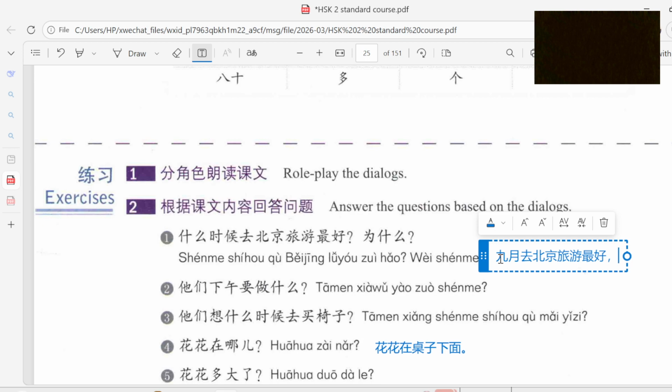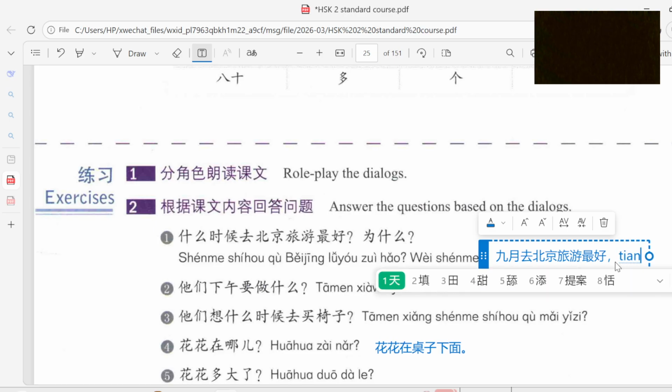It has another question. 为什么, which is why. Why is it not March or maybe June? Why is it September? Because September is neither hot nor cold. Okay, the weather in September. So it says, 为什么? The answer is simple. 天气. 天气 is what?